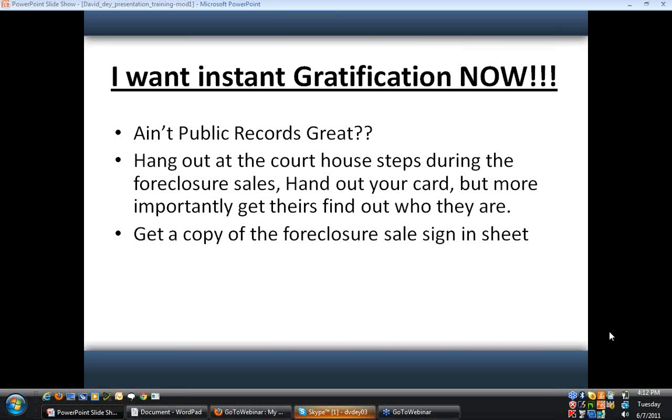Wow, that could be amazing, because I would say at the steps, you're looking at about a 50-50 shot. Some of them are going to be cash buyers, and many of them are going to be using private money, and by looking their name up, you're going to see who they're borrowing from. That is absolutely phenomenal for building your database really quick.